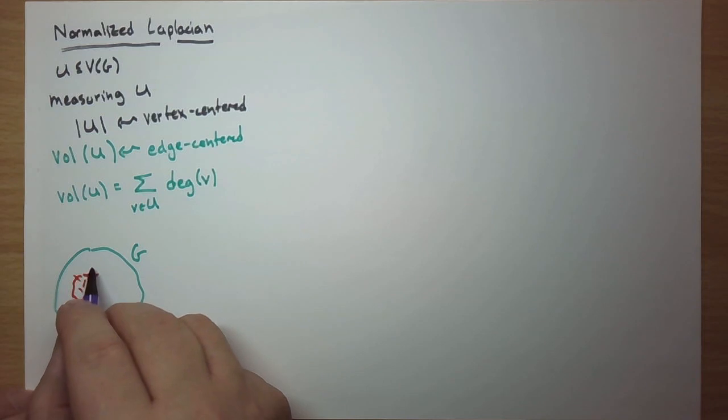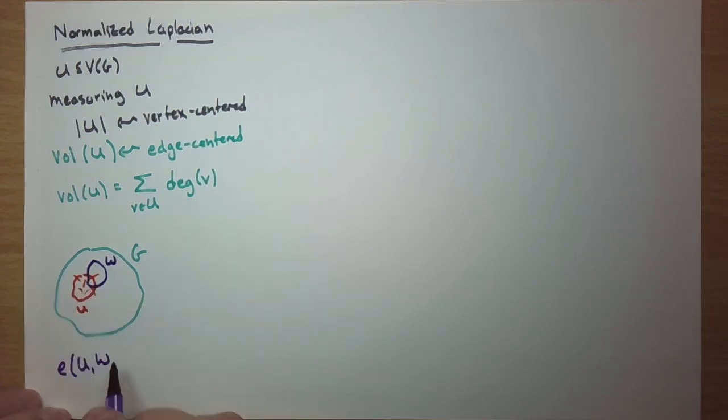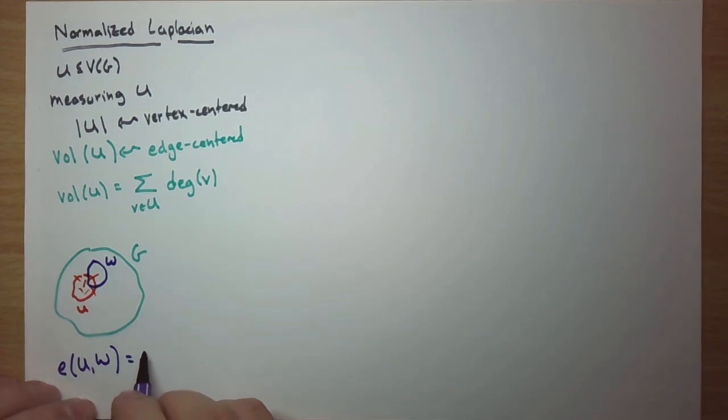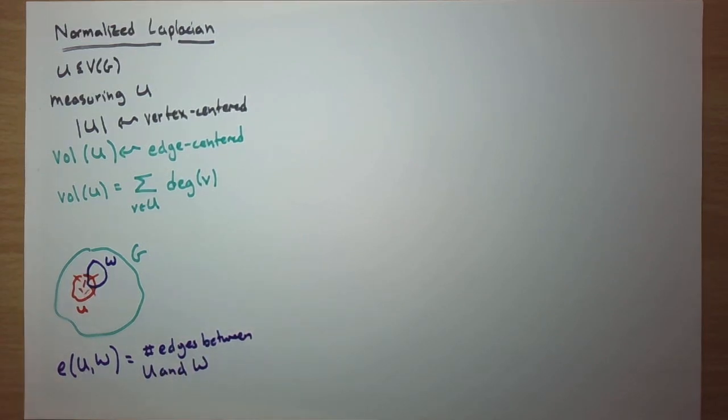So I might have another set W. I have to be careful here, and let's see how to write this. Well, it's the number of edges between U and W. That's how we should write it.